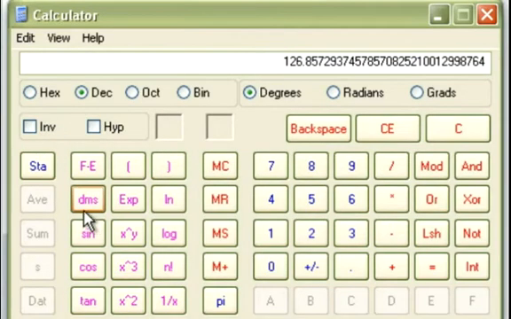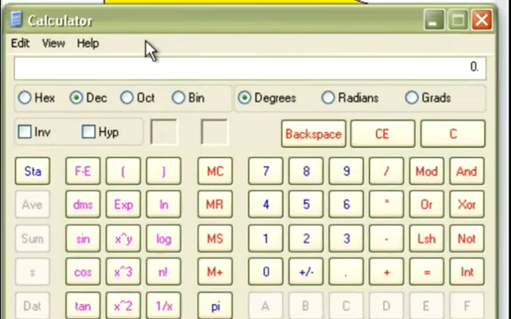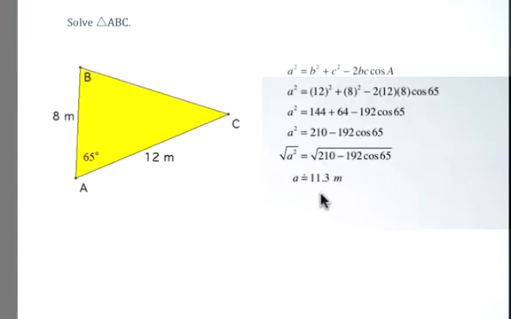And then we have to take the square root of this. So if we're going to round to one decimal place here, it's 11.3, and the units would be meters. So a is approximately equal to 11.3 meters, and we can put that on our diagram.